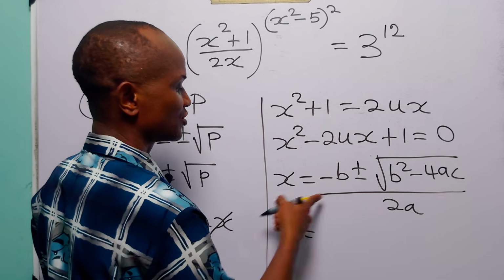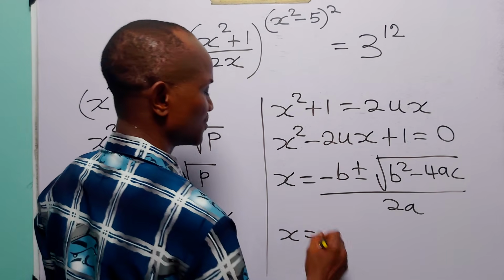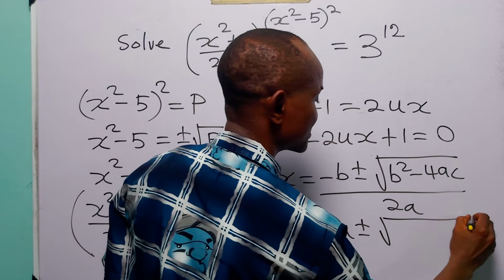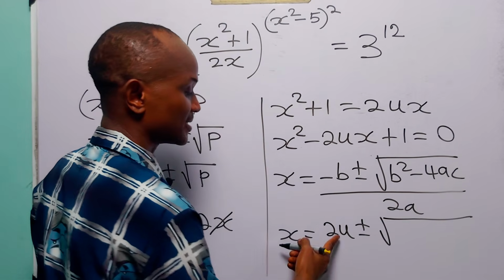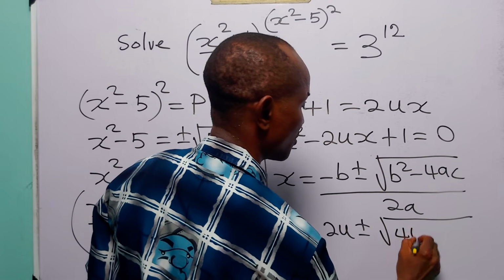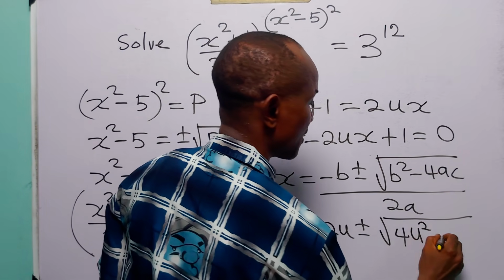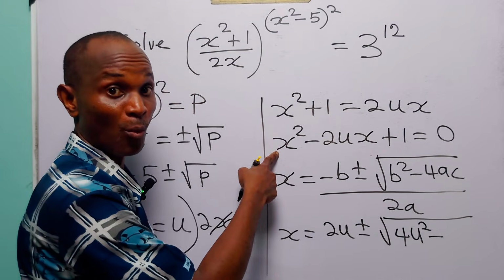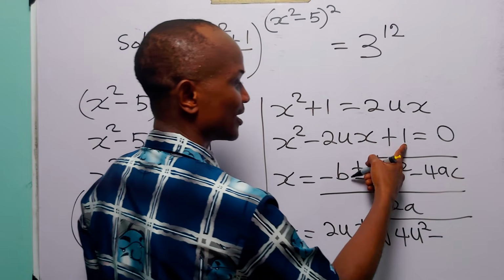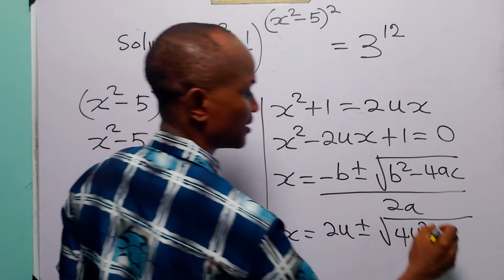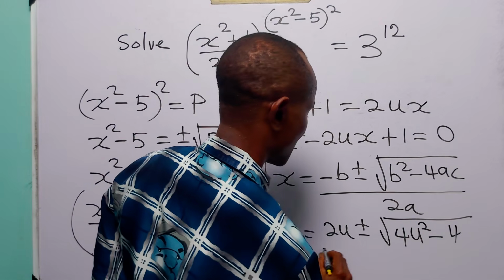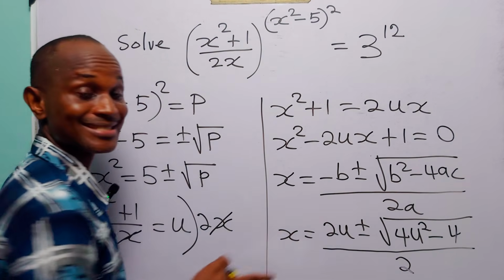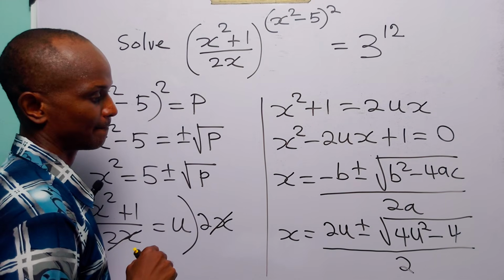Minus b is going to be minus minus 2u, which is 2u, plus or minus the square root of b squared, which is 4u squared, minus 4 times a, which is 1, times c, which is also 1. So here we just have 4. And everything is divided by 2 because a is equal to 1.